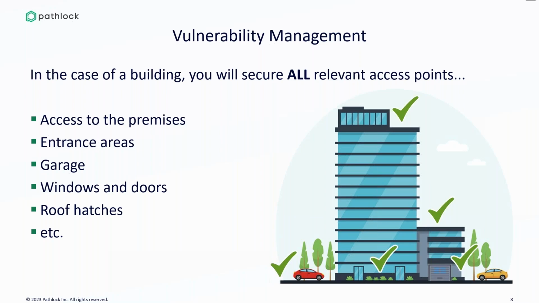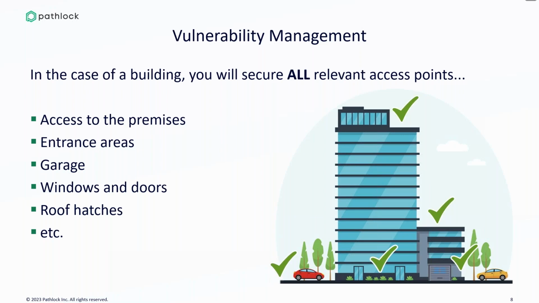So what you are doing, you put a lock on your door, you close the windows, you have whatever measures, a garage door, maybe also a security guard at the entries, whatever you can do to be sure that everything is secured.